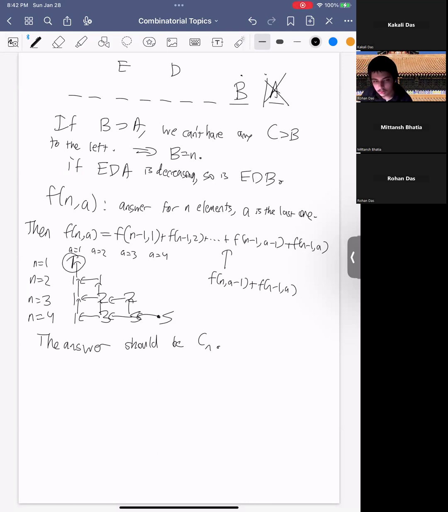And since it all comes down to 1, we have that f of n, a is the number of paths from, what is this? n, a to 1, 1.